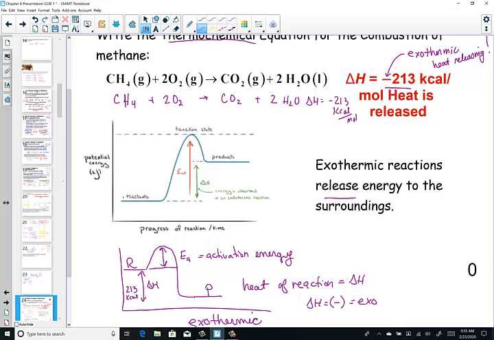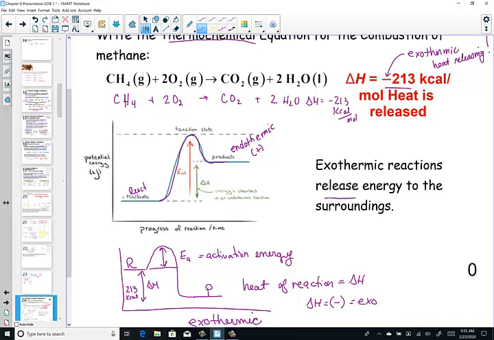And the reason I redrew that is, notice here, I have a graph where I have reactants climbing this energy barrier called the activation energy, and the products actually ended at a higher state. Well, this is an endothermic process, meaning that energy is absorbed and it's required.